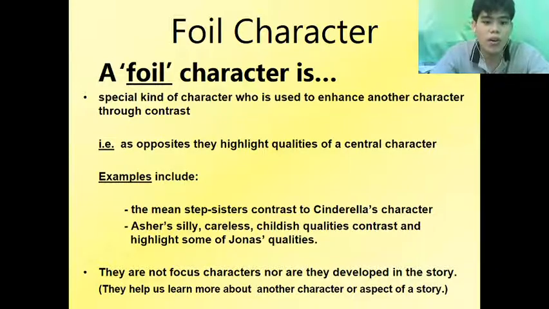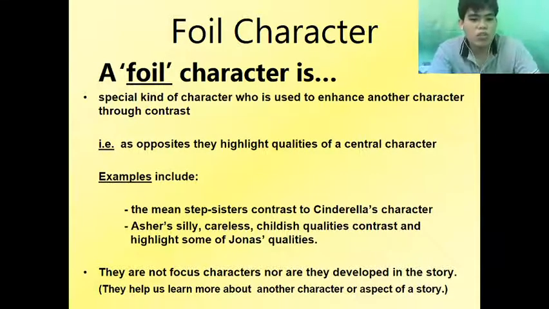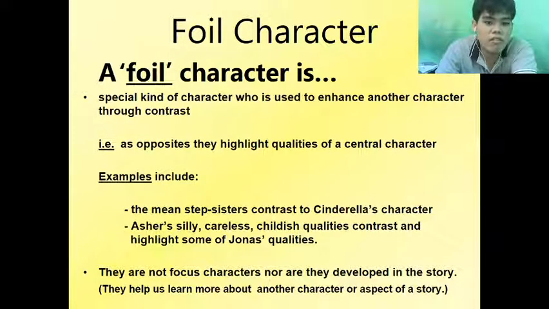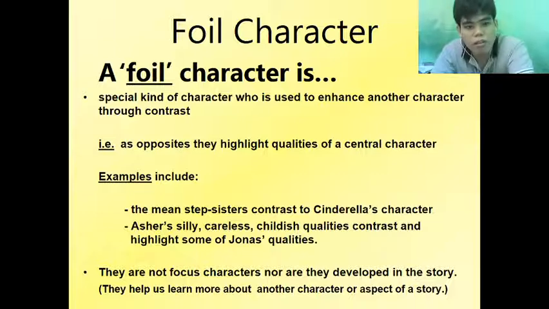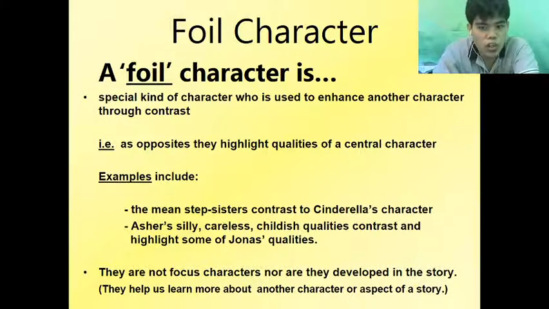Next is the foil character. So this is a special kind of character who is used to enhance another character through contrast. This kind of character is only there to show emphasis on a certain character by giving a comparison. For example, the main character is strong, handsome, and so on.